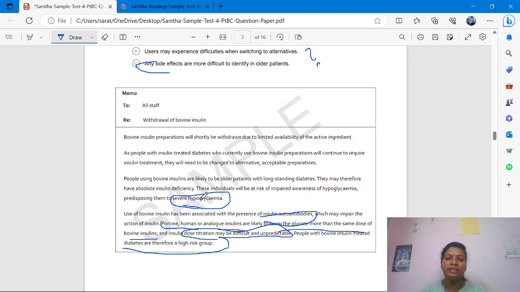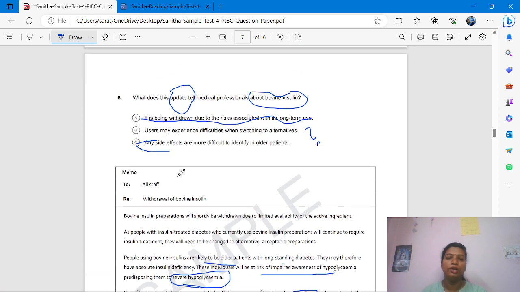There is a chance of getting hypoglycemia if the patient changes from bovine insulin to other insulin, because their body contains more insulin antibodies. They are saying only hypoglycemia, not that side effects are more difficult to identify. Is it saying anything about that? No.